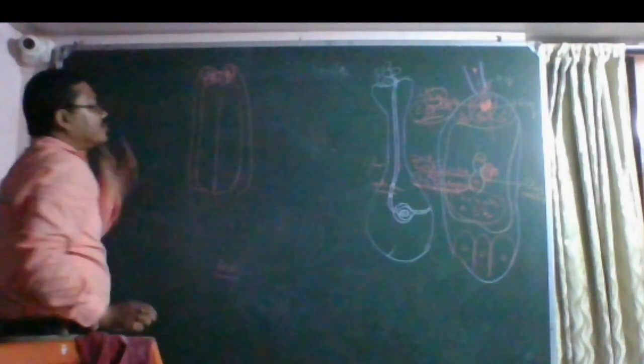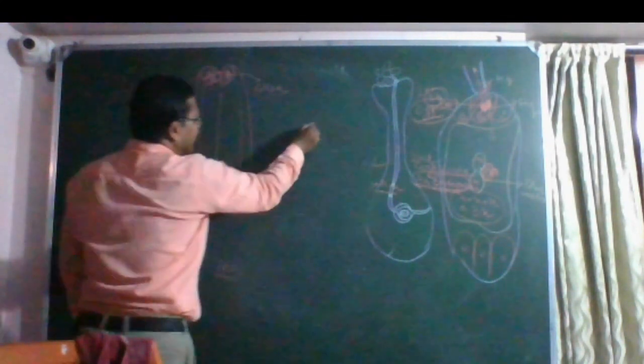Four locules, four chambers, are present in the anther. Within the chambers, different layers are present, and at the central position of the anther is the sporogenous tissue. This sporogenous tissue undergoes meiosis, producing millions of pollen.